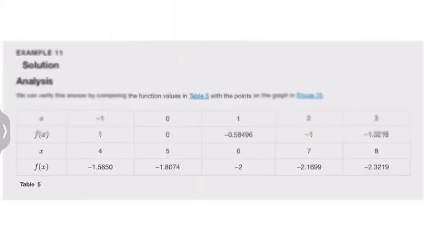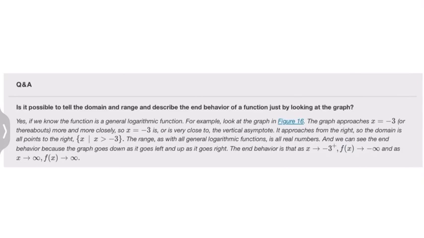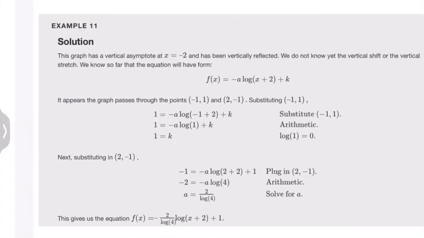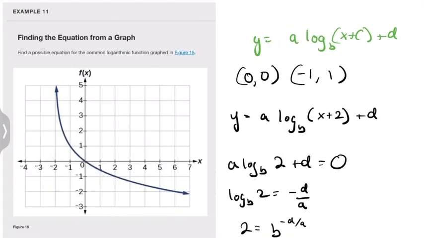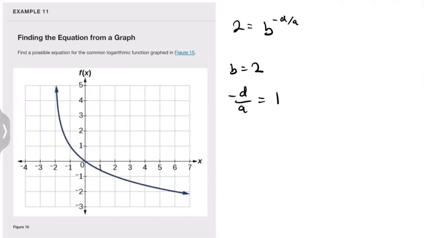Now the other piece of information, it's jumping all over the place. We're also given negative 1 comma 1 as a point. So again, we started with y equals a log base b of x plus c, plus d.